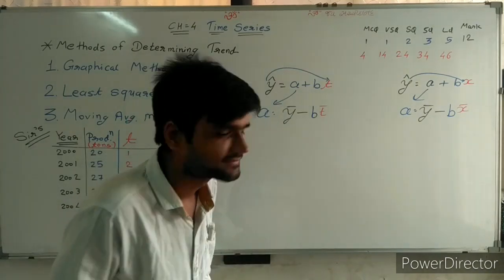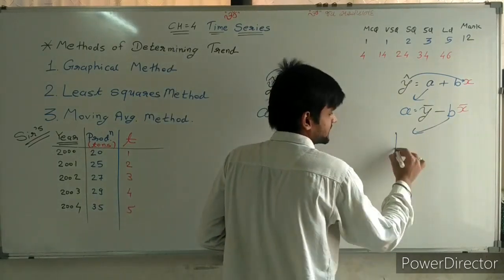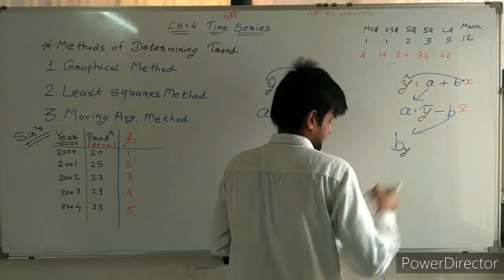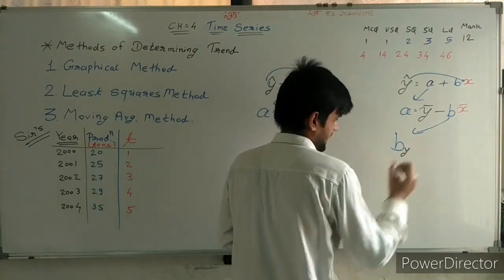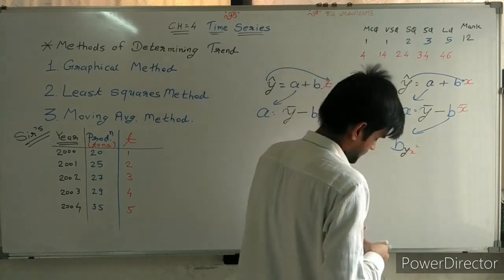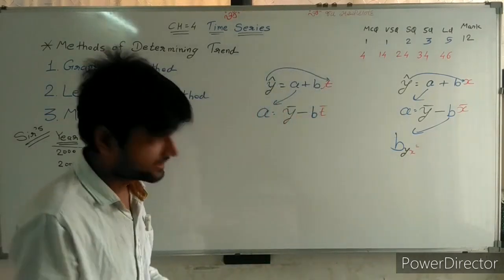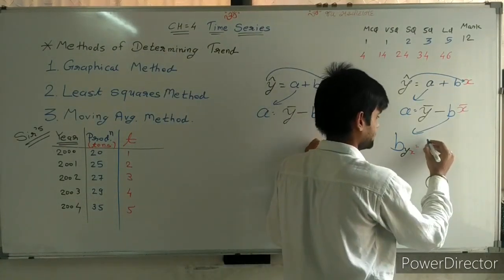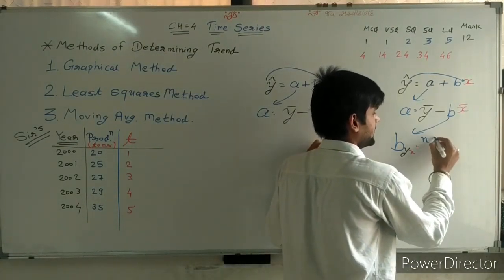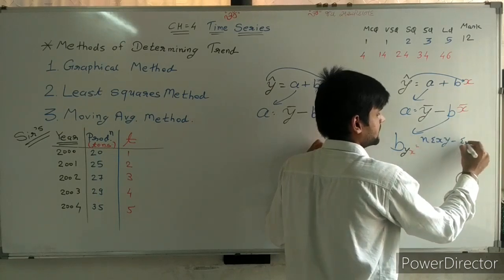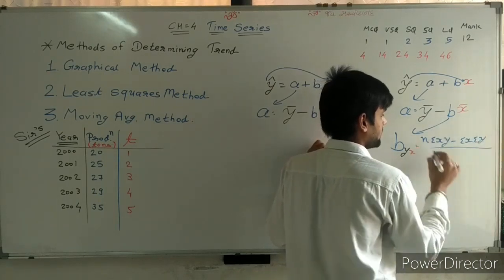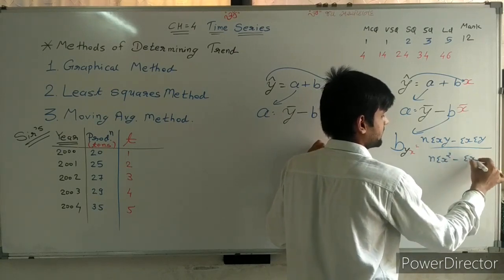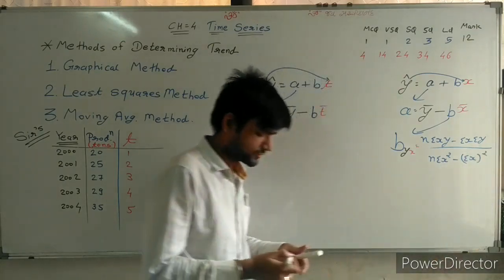So what about b? What is the value of b here? Here b is y depends on x. Write down the value: n sigma xy minus sigma x sigma y, divided by n sigma x square minus sigma x whole square.